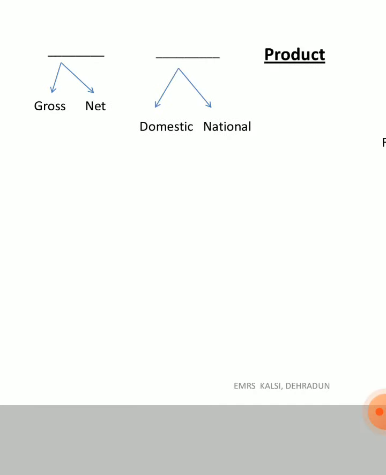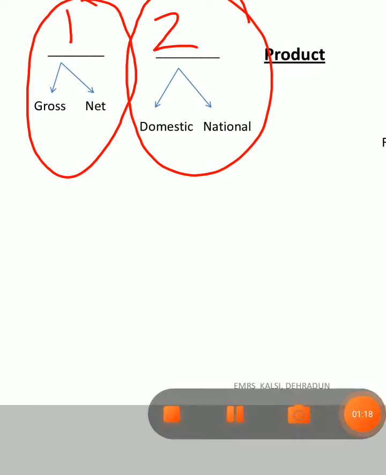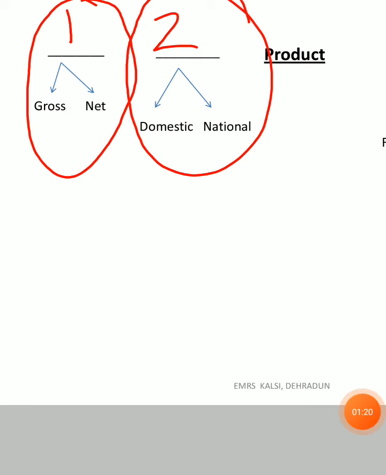Like this is the first place, this is the second place, so the aggregates in the first place will be interchanged, and the aggregates in the second place will be interchanged. So we have to interchange the aggregates or the elements which are located in the same place.